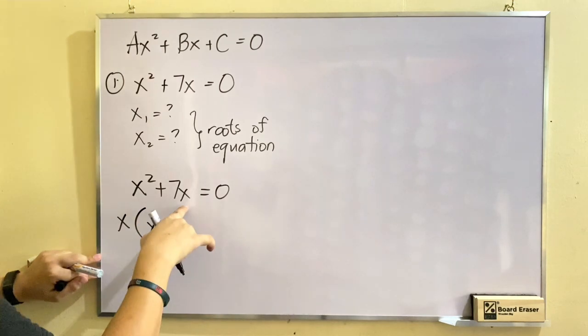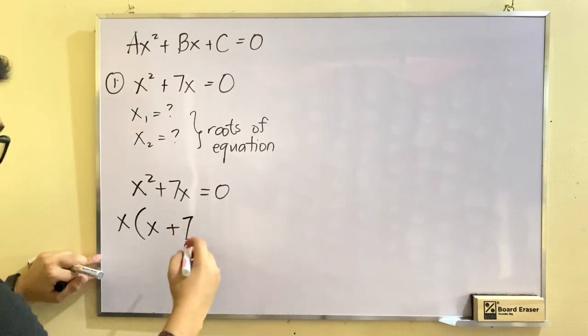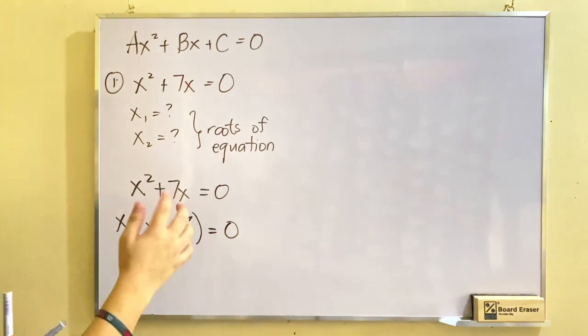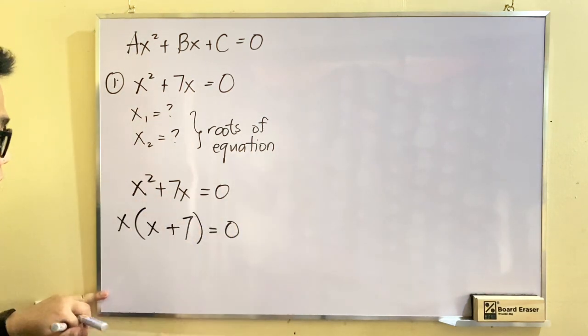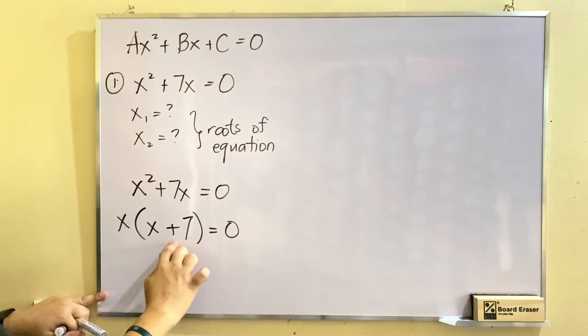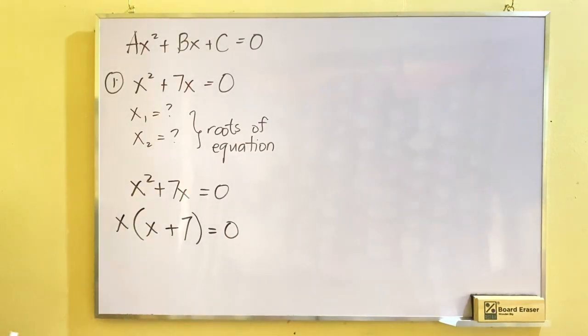Then, 7x divided by x will be, anong matitira? Tama, positive 7, which is equal to 0. Therefore, the factors of x squared plus 7x equal to 0 is x times the binomial, which is x plus 7. From this equation, makukuha na natin ang values of x.